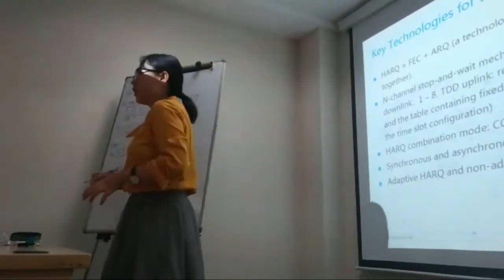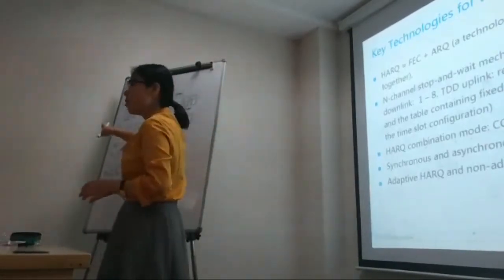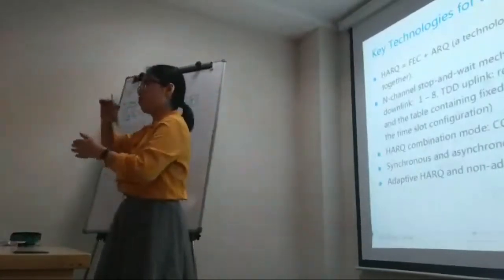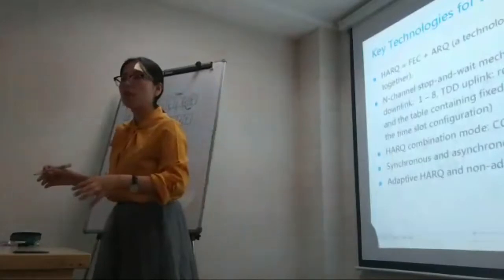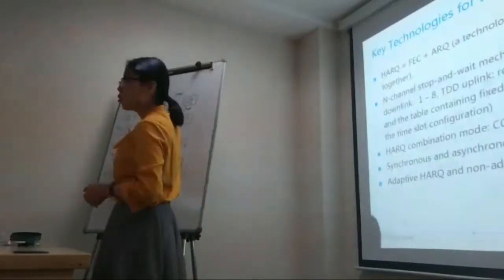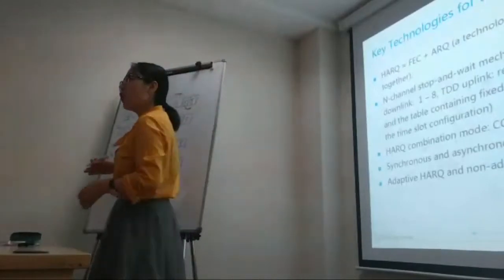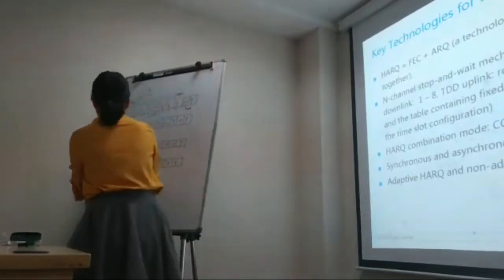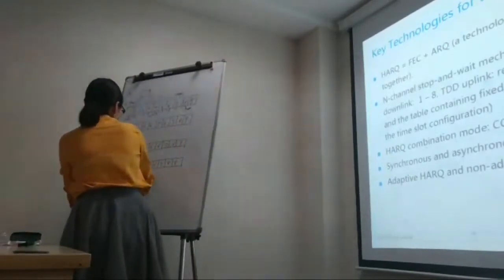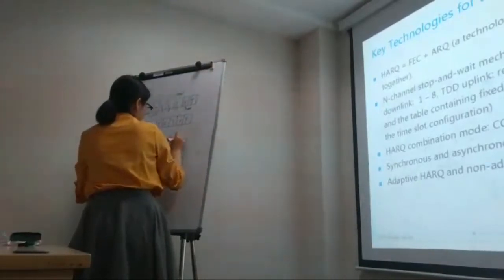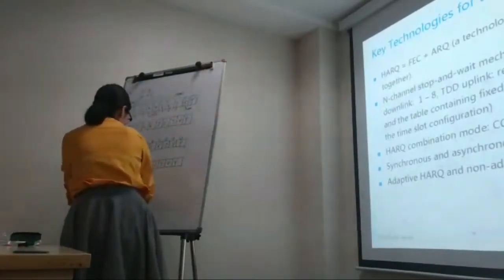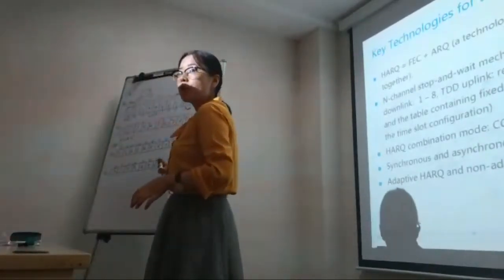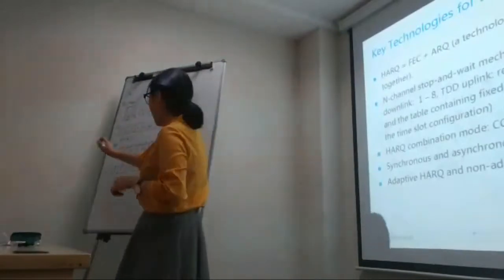For TDD LTE, it's not similar to FDD because each subframe may be downlink or uplink, right? You cannot transmit uplink and downlink at the same time. For example, we use the 3.1 configuration. So this is the subframe configuration.